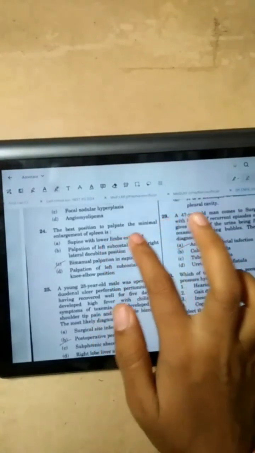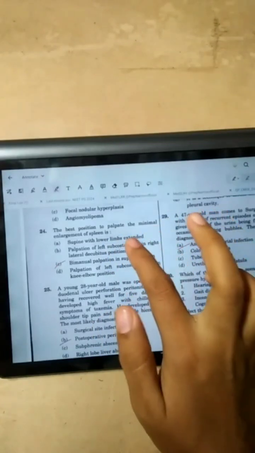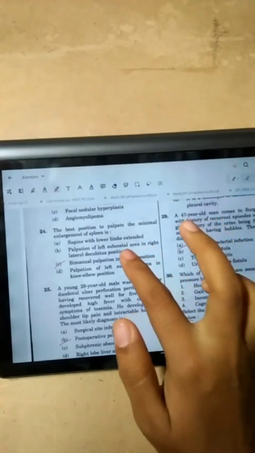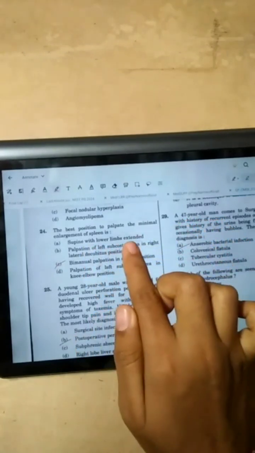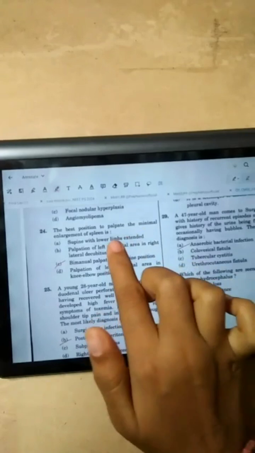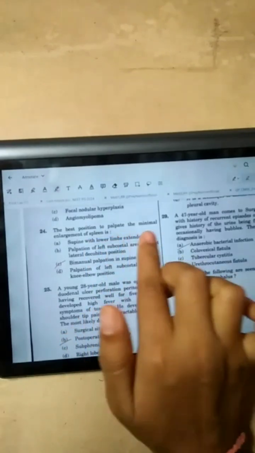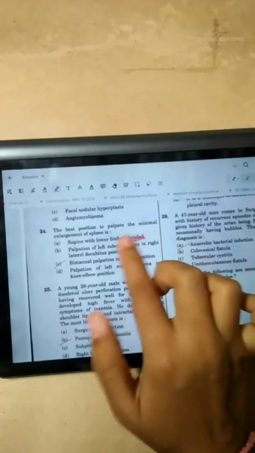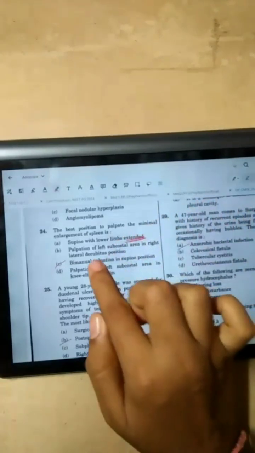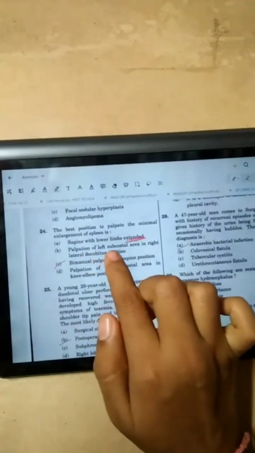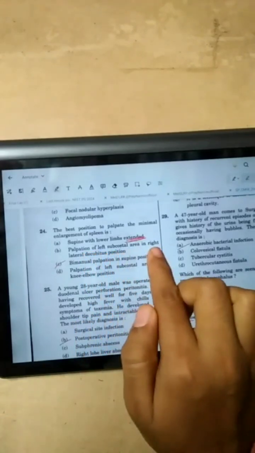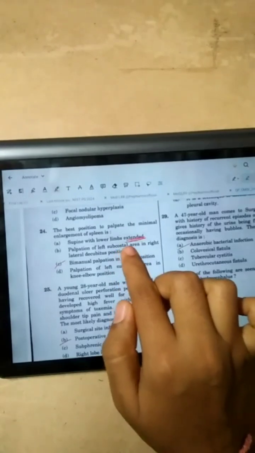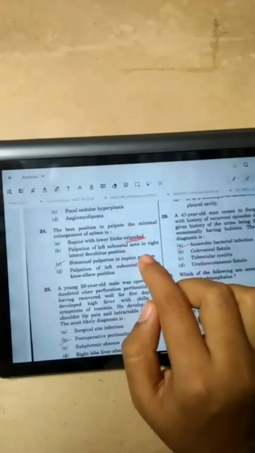And best position to palpate the minimal enlargement of spleen. See, supine with lower limb extension. This is absolutely wrong. We don't do extended lower limb. We supine and flex the lower limb. This is normally done. So that's wrong. And palpation of left subcostal area with right lateral decubitus position. This is absolutely wrong.